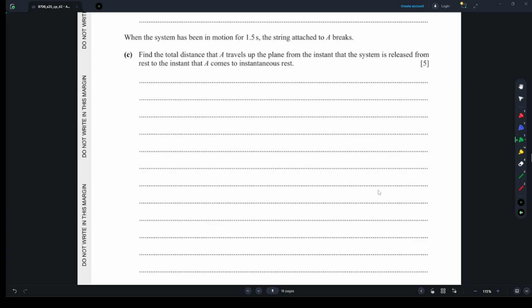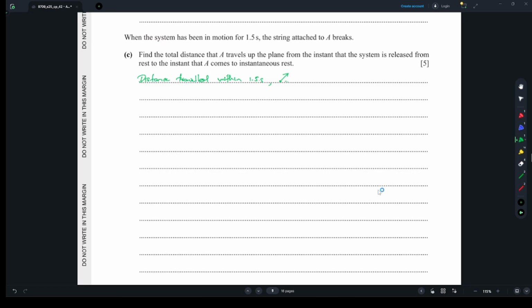So I will write distance traveled within 1.5 seconds. We can apply along the surface because A is moving along that surface.